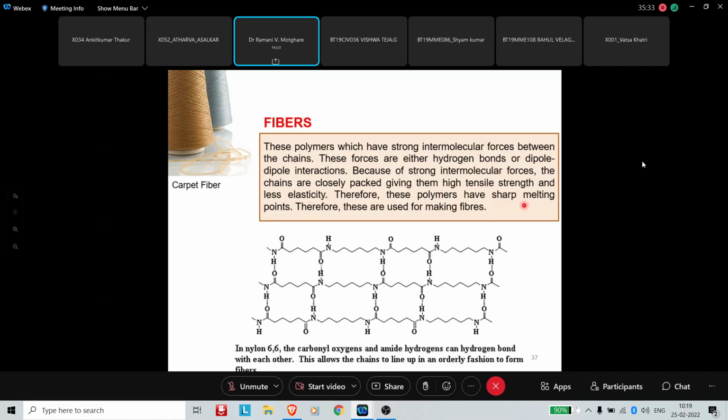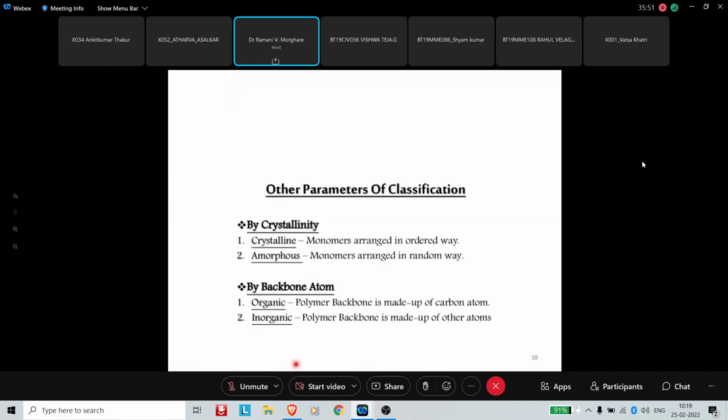Therefore, these polymers can have sharp melting points, and are used in making fibers. Like nylon 66, in which the carbonyl oxygen and amide hydrogen can hydrogen bond with each other. That we have already seen.